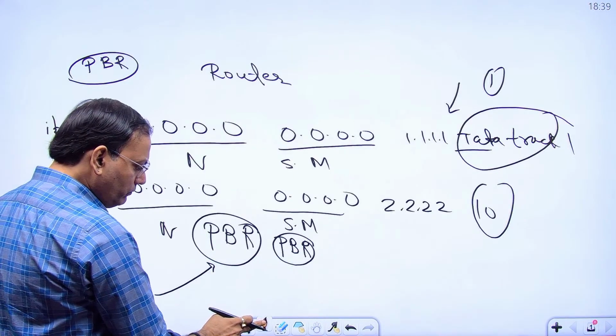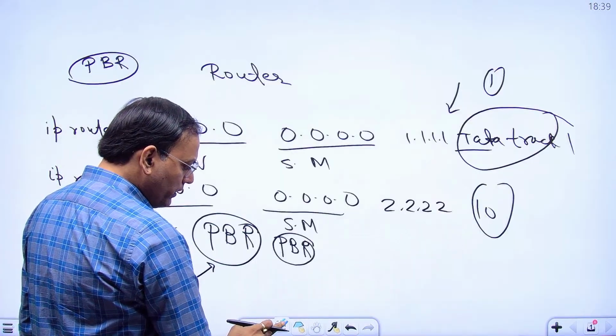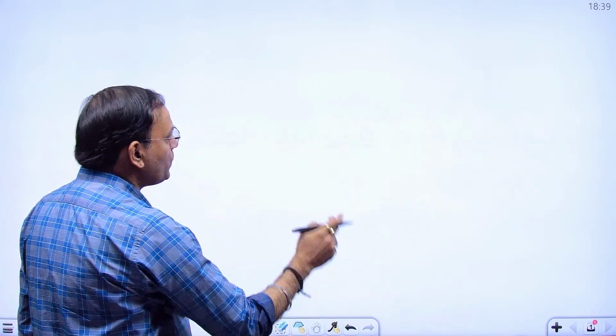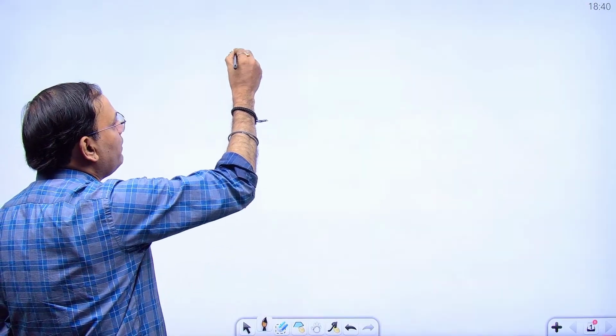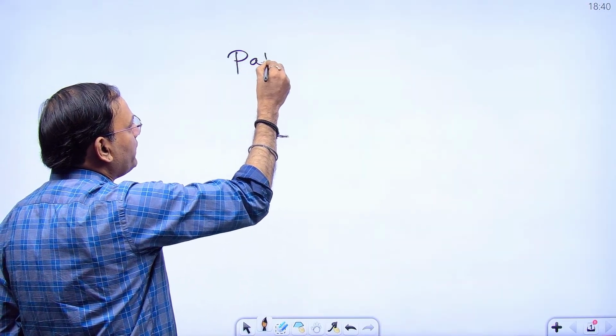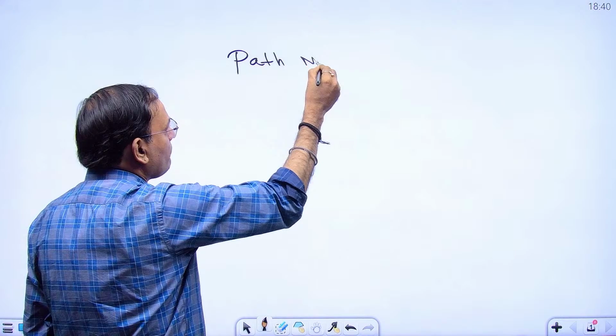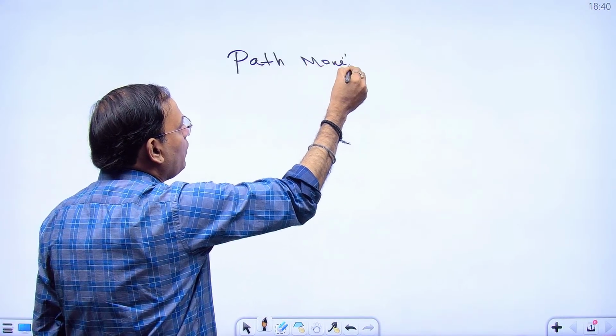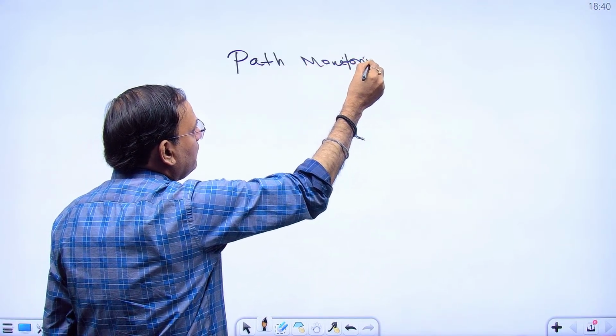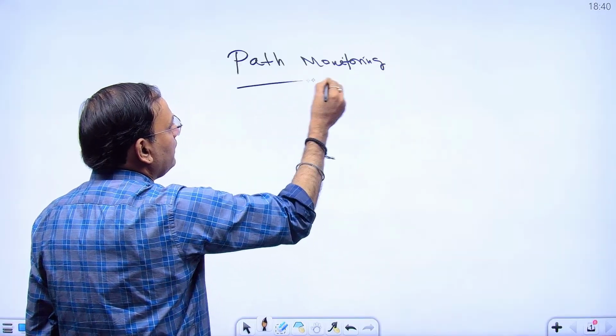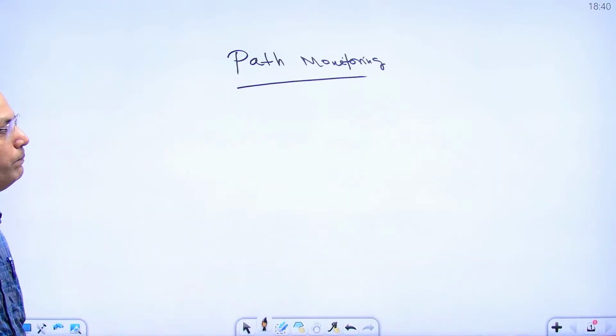Now this same approach in the firewall, we call path monitoring. In Palo Alto firewall especially, we don't say PBR, we call it path monitoring. The concept is the same, right?